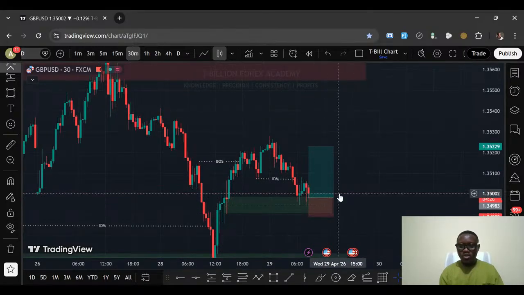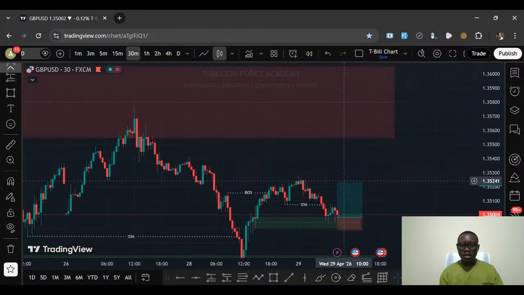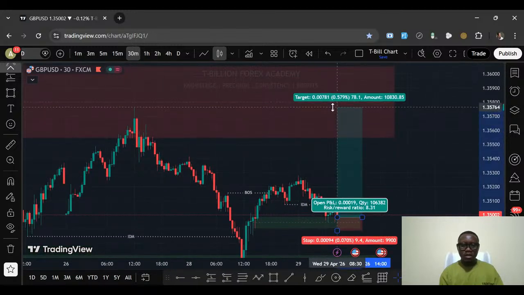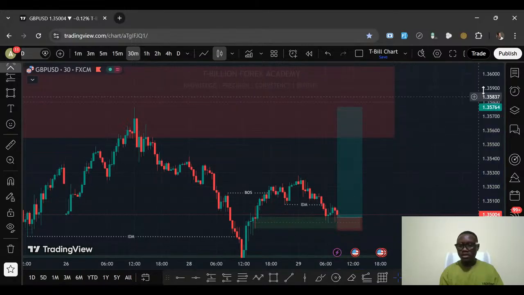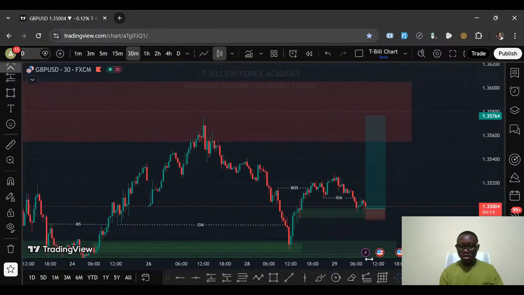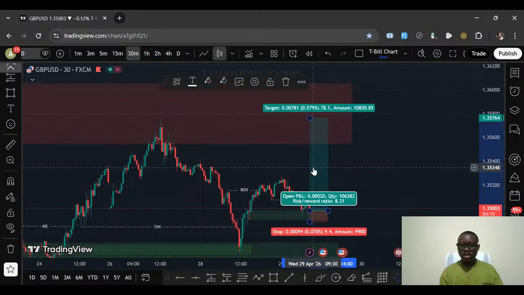All right, so that's our entry, and we are targeting this high as our take profit. So if you're on this trade, you can take this trade right now. I'll share this on the free signal Telegram channel.